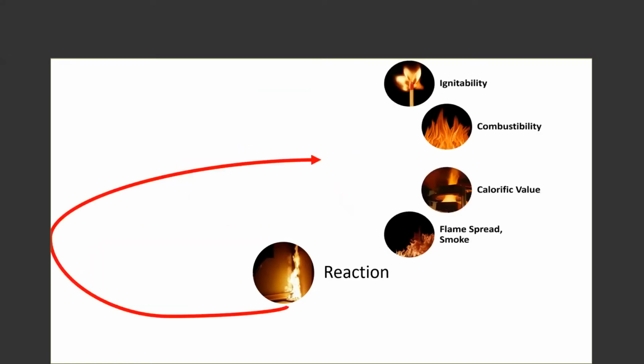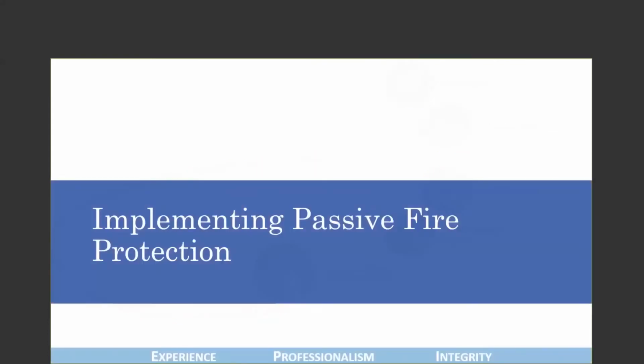Reaction to fire is a very broad term because a carpet could ignite but need not necessarily spread the fire. It may not have enough for the fire to increase many fold. In the same way, there are several such properties that define reaction to fire, and I will be detailing them in the subsequent slides.